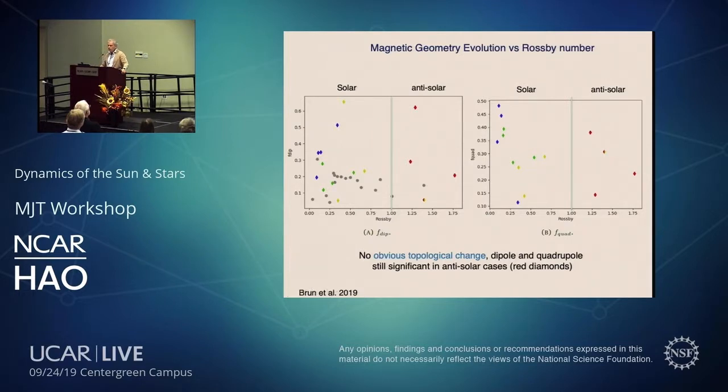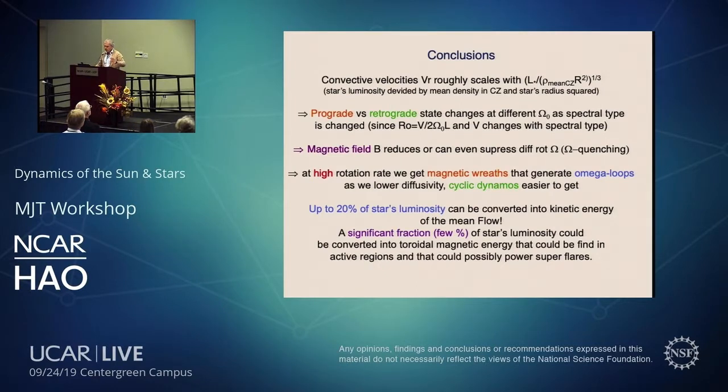And over this sample of 32 dynamo solutions that probe the parameter space of various stars, we see that the anti-solar cases, which are the red diamonds, don't seem to show any collapse of the dipole and quadrupole. So it cannot be the magnetic topologies that explain the loss of magnetic braking, at least to the extent of what we can say.